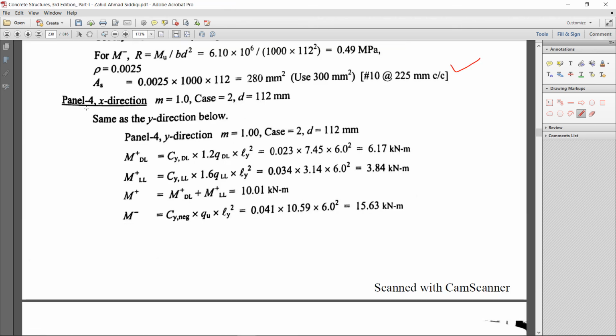Okay, for panel 4 X direction, 0.023, 0.034 and 0.041.